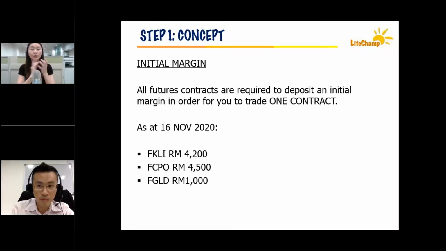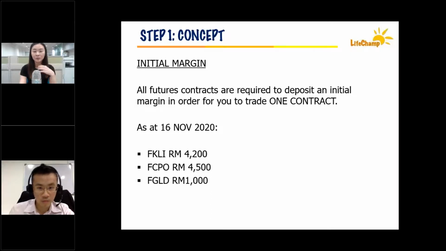To go in one lot, one contract of FKLI, you have to put in a minimum of 4,200 as a margin deposit. For palm oil futures, FCPO would be 4,500, and for FGLD, gold futures, it would be 1,000. So you at least need to have this money ready to go in one contract.